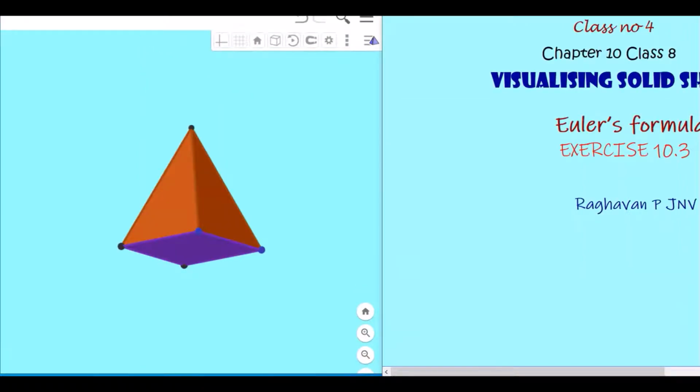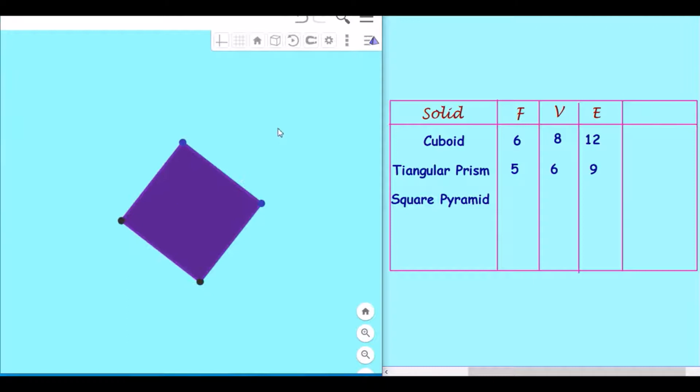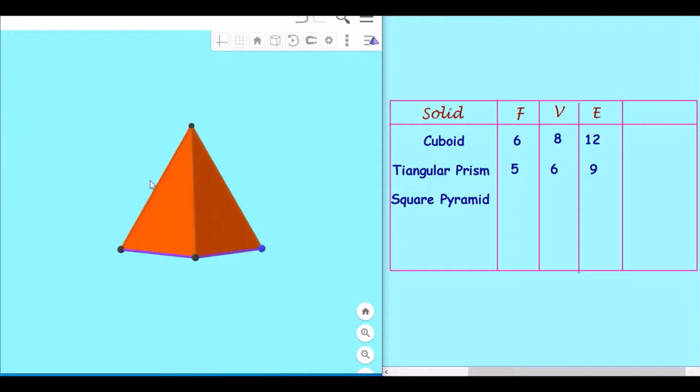Now let us consider a square pyramid. Let us check how many faces are there. Here 1 as a base, then 1, 2, 3 and 4. That is 4 plus 1, total 5 faces are there. Now what about its vertices?